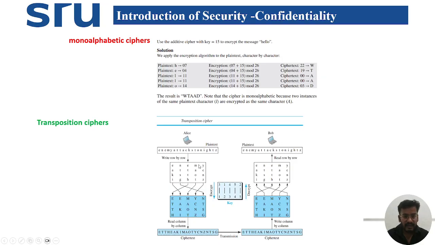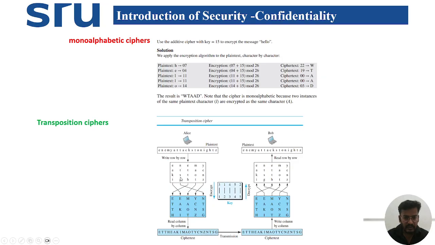Once we have written it like that, we have to modify the column positions. For example, the first column should be shifted to the second position in the encrypted format.